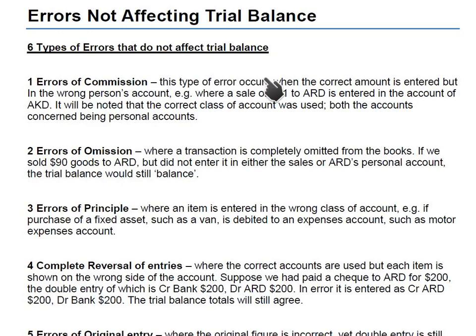So whenever we need to correct this error, we need to make a journal entry. Now let's move forward. The second error is error of omission. Error of omission is said to occur when we have completely forgotten to make an entry. We have not debited nor credited any account. This is known as error of omission.